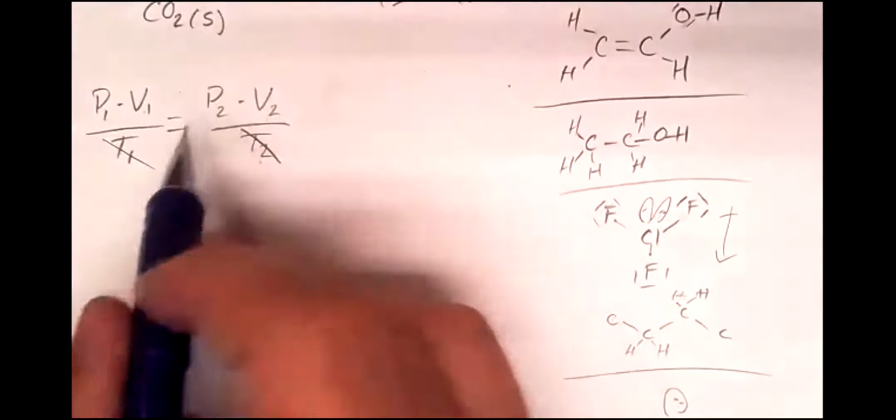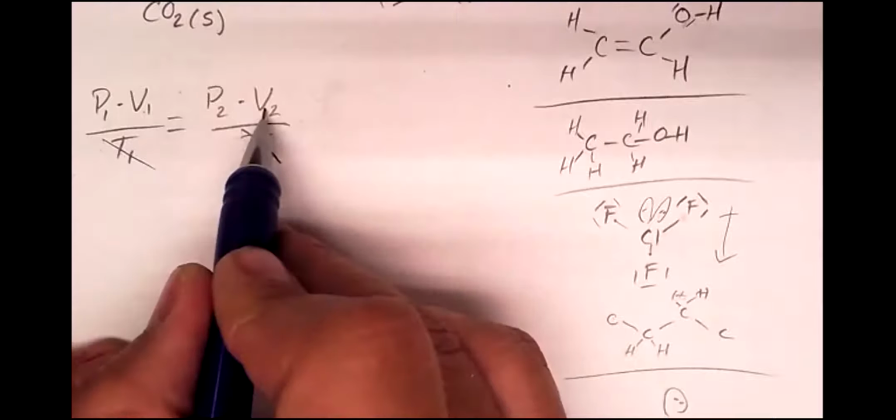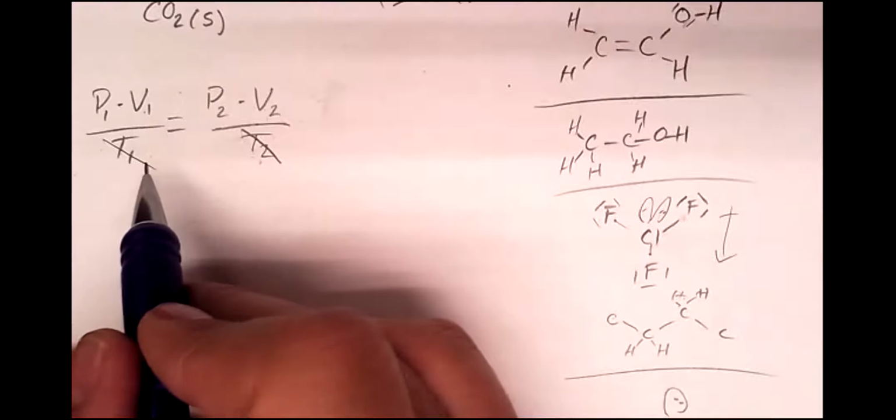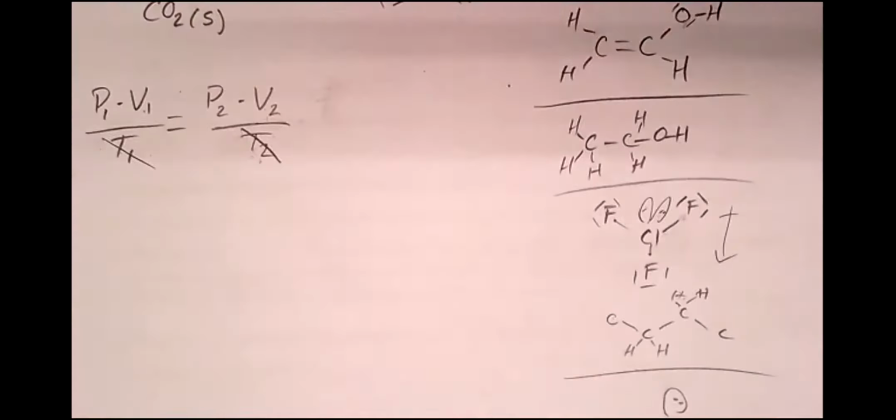So the same thing goes for volume. If the volumes are equal, you know where this one would end up? Down here. And don't you have something over itself again? So you could just cross it out to begin with. So what would you do? Well, I'm saying pretend that, let's put the t's back in.